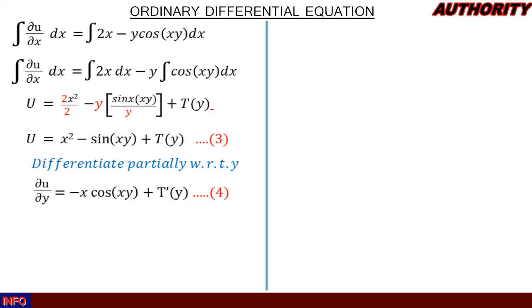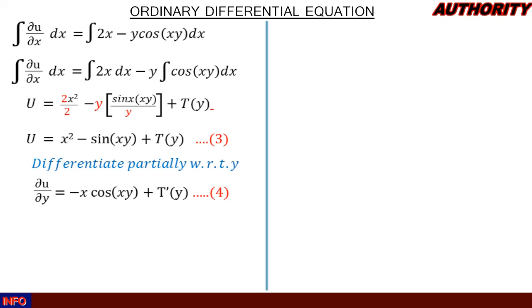But here we don't know the value of our constant, so it's not going to give us 0. But it's going to give us a constant in a derivative form. Our constant t of y in a derivative form. So we say t prime of y. All right. Let's call this equation 4.